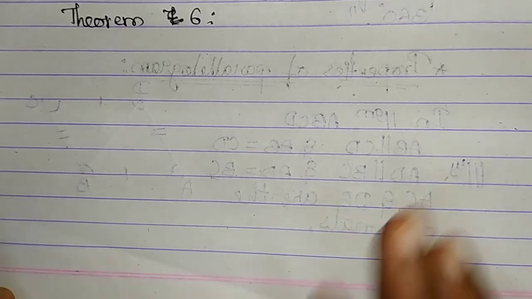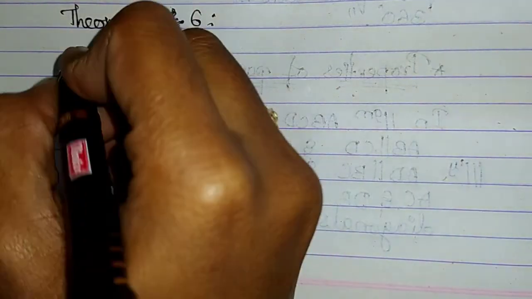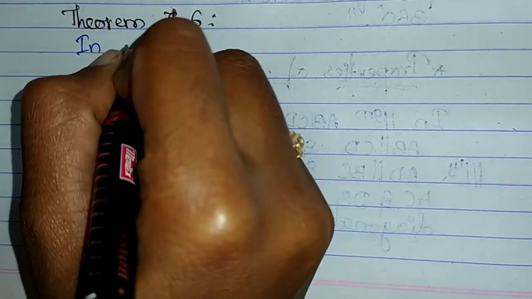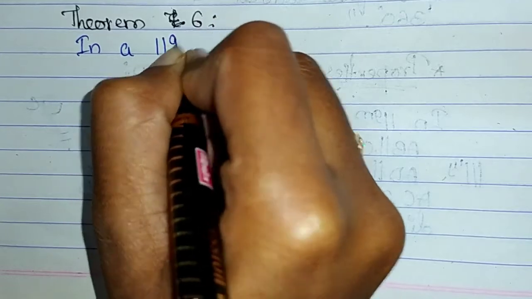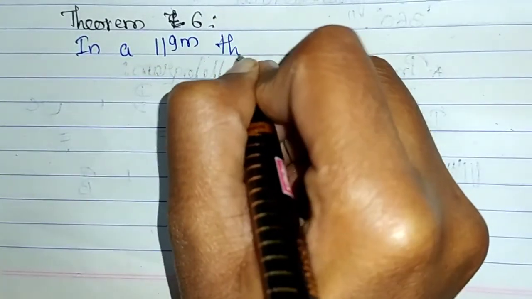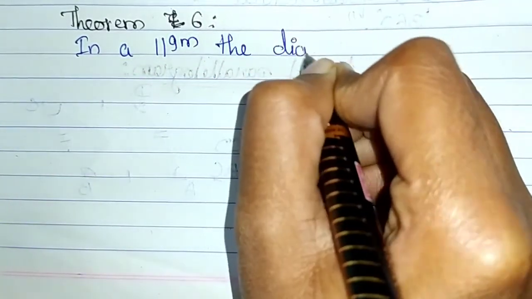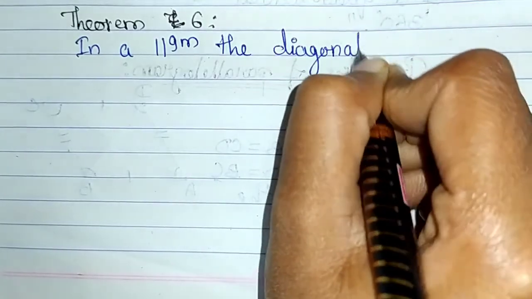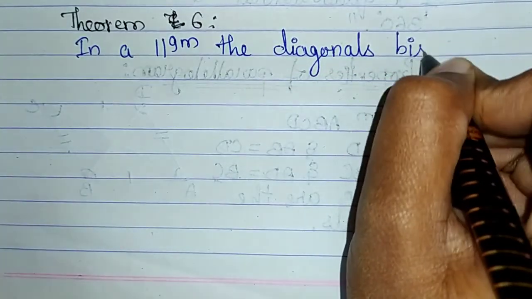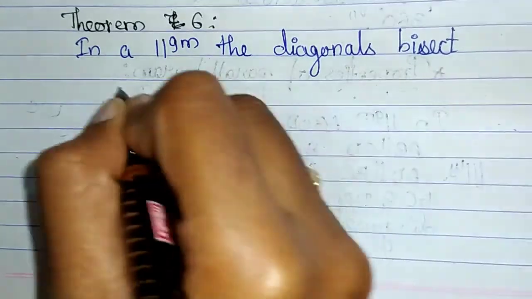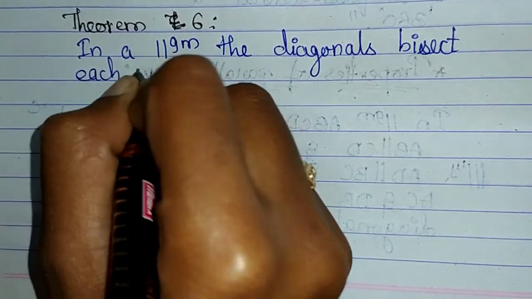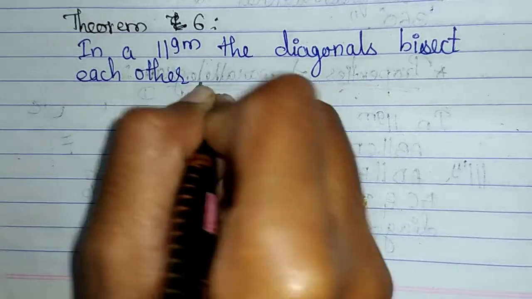Theorem 6 is once again about the diagonals. It says in a parallelogram, the diagonals bisect each other. That is the sixth theorem.